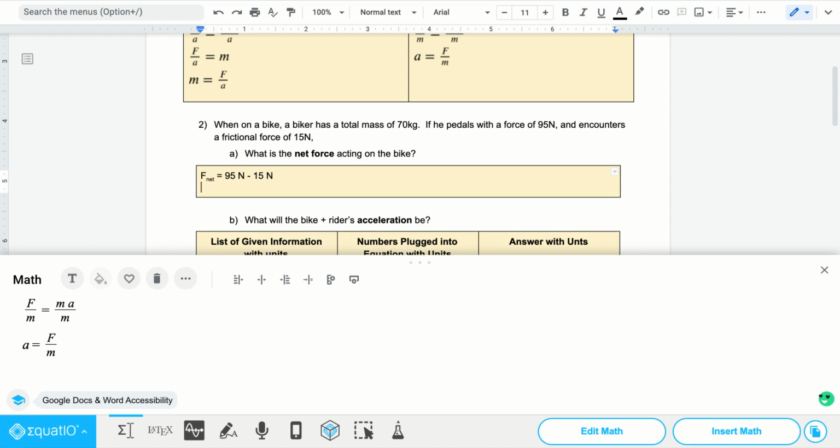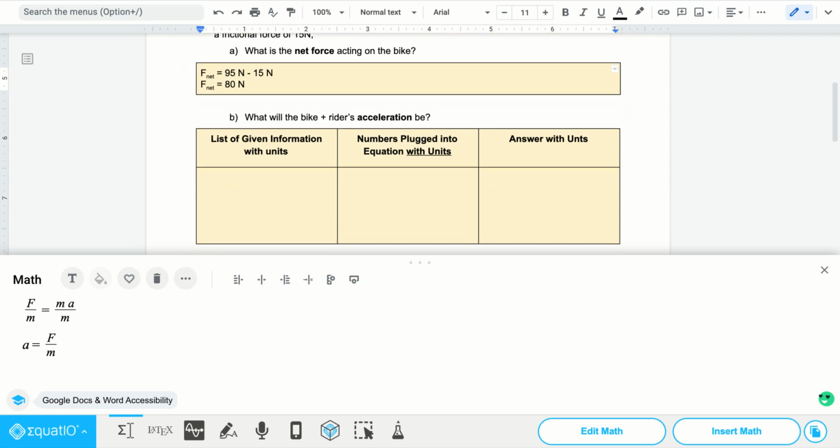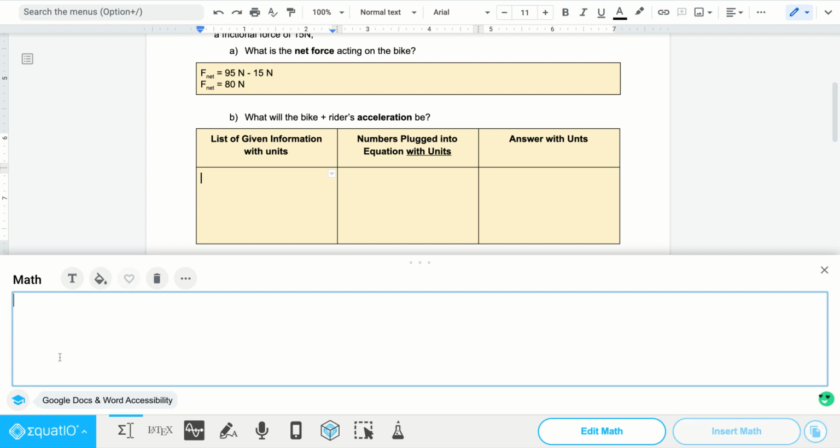So 95 minus 15 is 80 newtons, and that's our net force. That is the force that we will use in part B to find the acceleration of the bike and the rider.